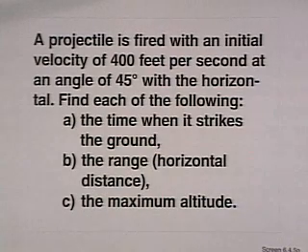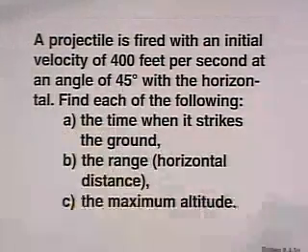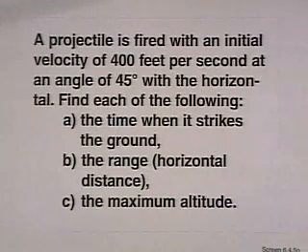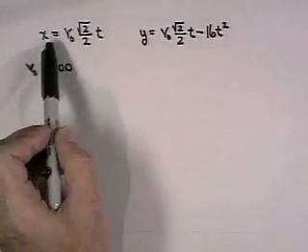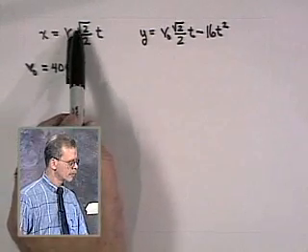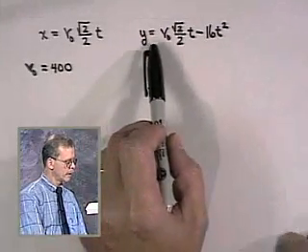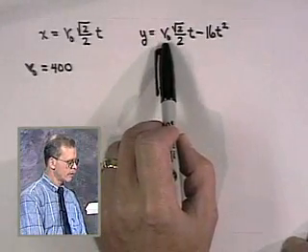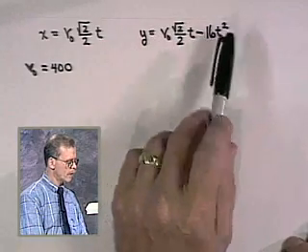The parametric equations for a projectile fired at an angle of 45 degrees are found in your textbook. Here they are. x is v sub 0, the initial velocity, times the square root of 2 over 2, t. y is the initial velocity v sub 0 times the square root of 2 over 2, t, minus 16t squared.